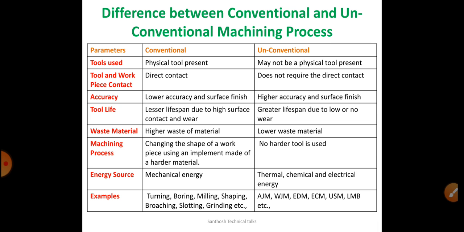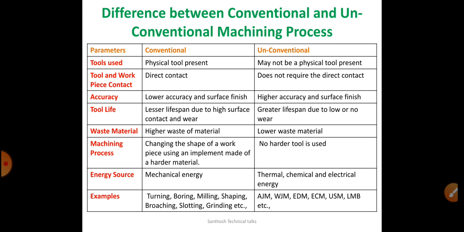In terms of accuracy, the conventional machining process will produce lower accuracy as well as lower surface finish, whereas the unconventional machining processes give higher accuracy and higher surface finish. In terms of tool life, the conventional machining process has a lesser lifespan due to high surface contact and high surface wear.